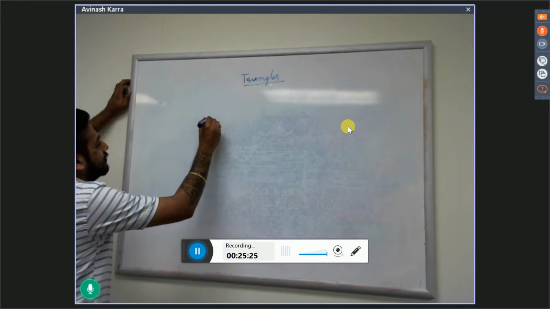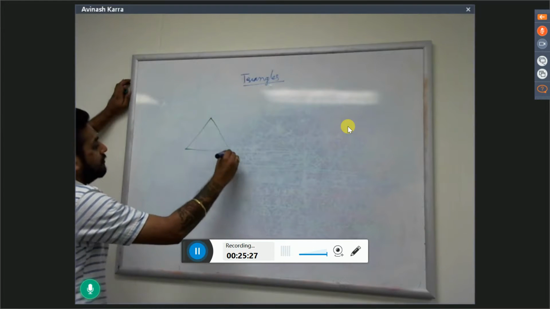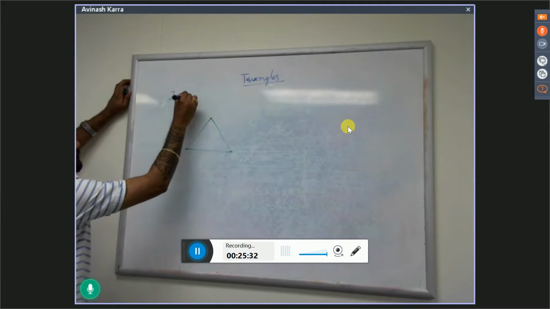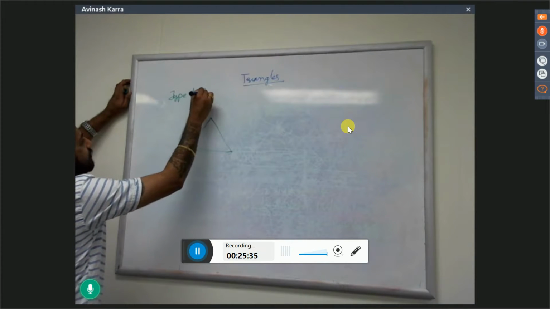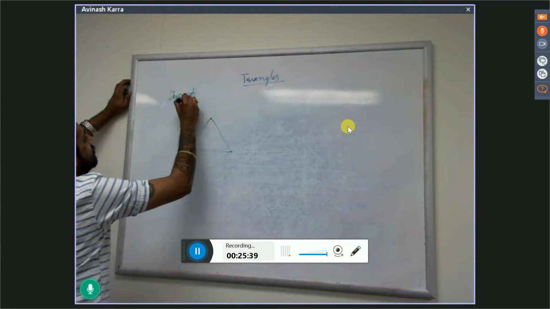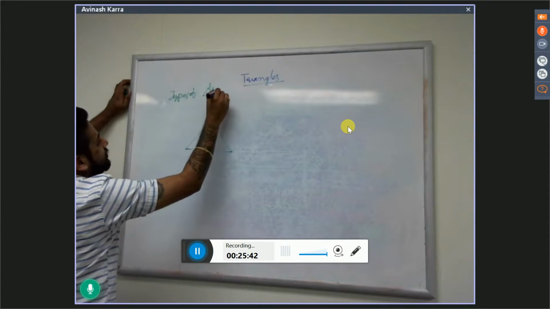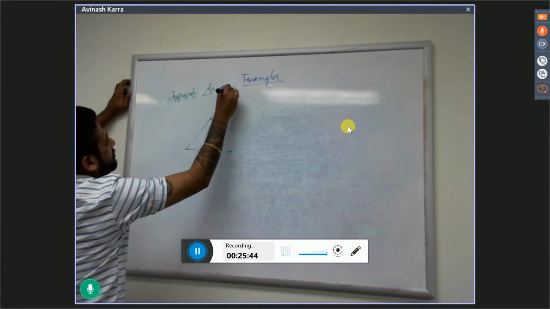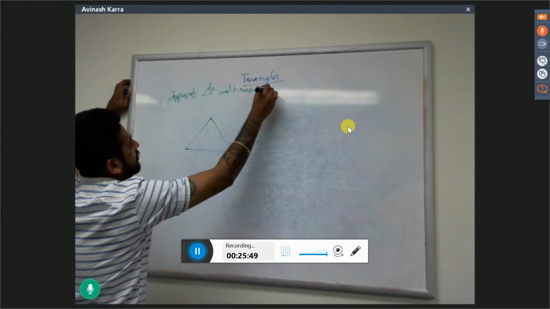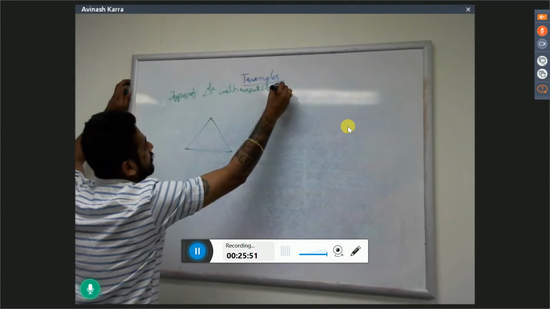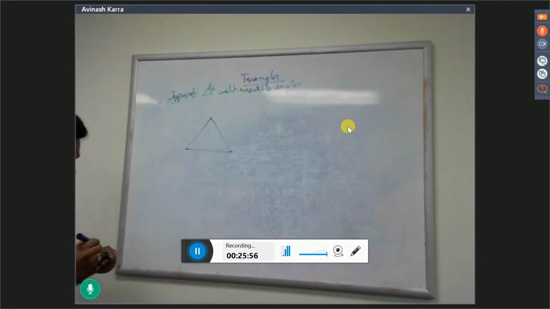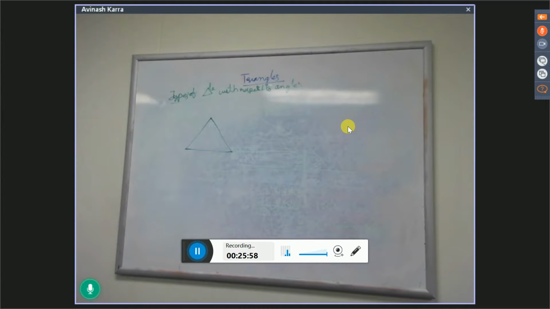Next, coming to types of triangles with respect to angles. There are three types of triangles with respect to angles.